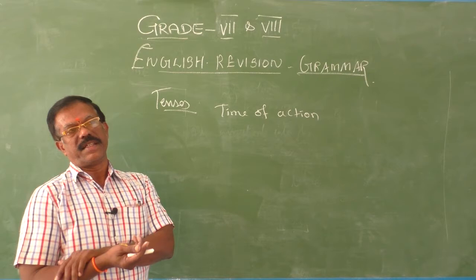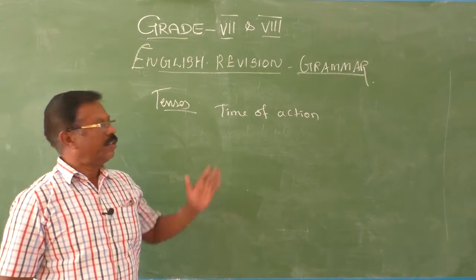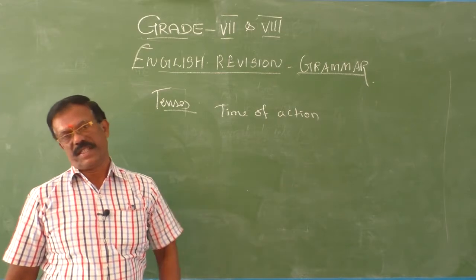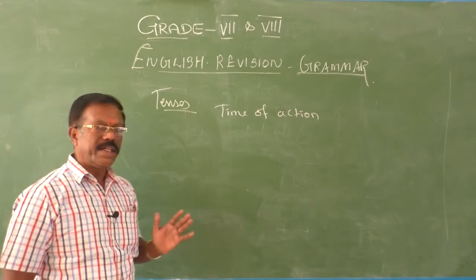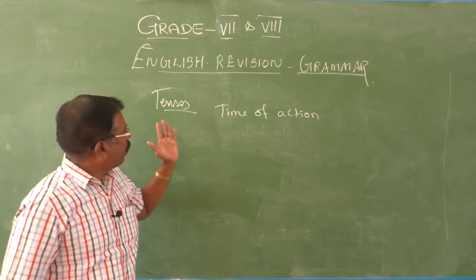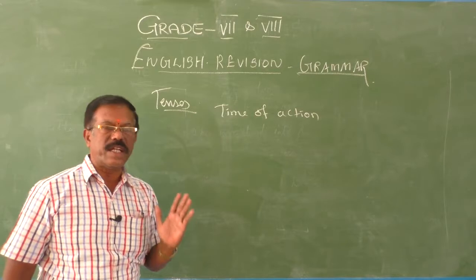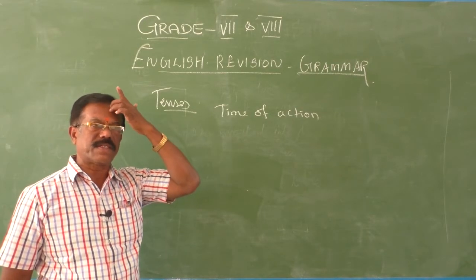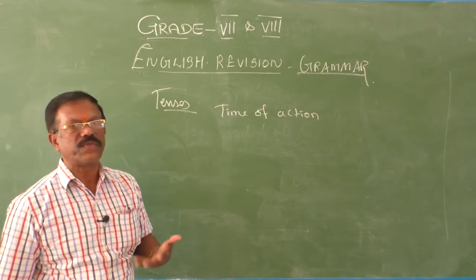These three major tenses are further subdivided into continuous tenses, perfect tenses and perfect continuous tenses. So altogether we have 12 tenses. Okay fine. Now how to find out these tense forms of the verbs? For that we have some procedure, some test rules that you have to follow.